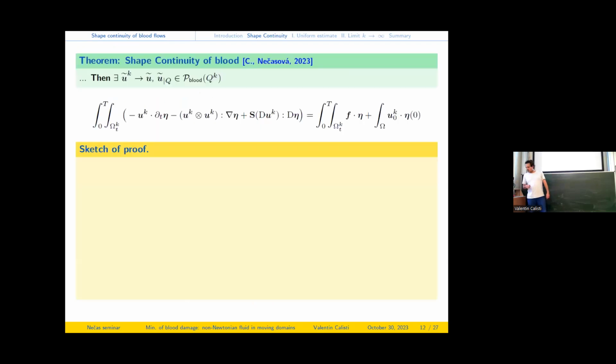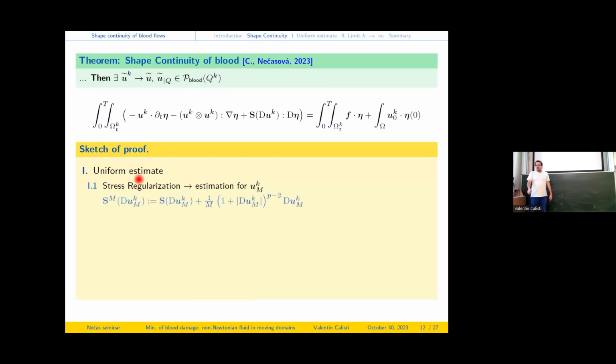So I will just give you a sketch of the proof and then give some detail, not too much. For this, the first step is to have some uniform estimate on the solution U_k for each moving domain. For this, we use the stress regularization, which was used in the paper of Nägele and Růžička. It means that the problem is smoothed.